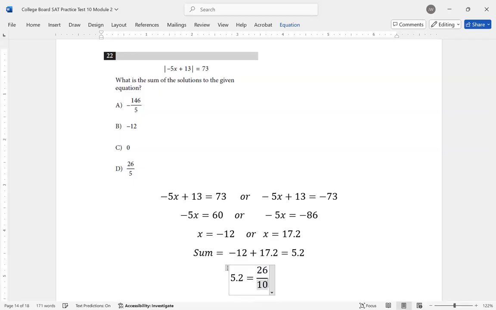That's 26 over 5. You can do that by hand. You can also use your calculator to convert to a fraction as well. But 26 over 5 is the answer, and therefore D is the answer to question 22. By the way, earlier I could have left the 17.2 as a fraction as well, but I didn't, obviously.